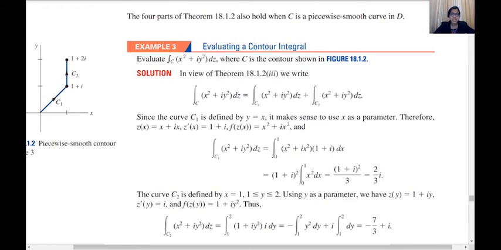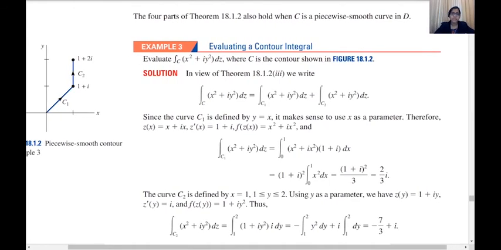So this is an example: we are asked to evaluate the integral over C of (x² + iy²) dz, where C is given in Figure 18.1.2. C actually consists of two curves, C1 and C2. So by our property, the integral over C of (x² + iy²) dz is the integral over C1 of (x² + iy²) dz plus the integral over C2 of (x² + iy²) dz, right?